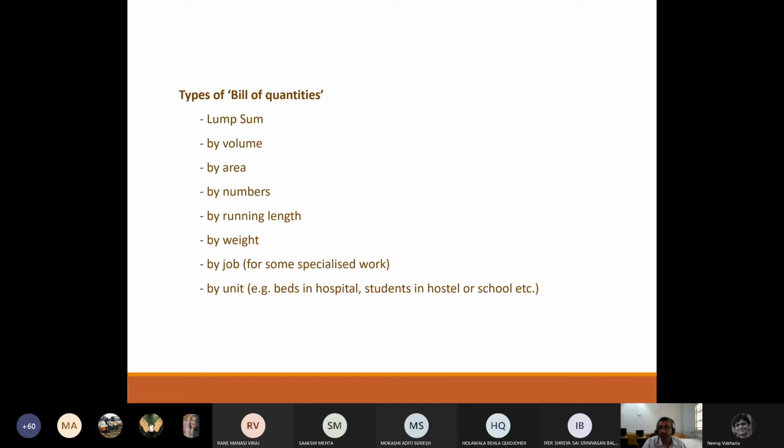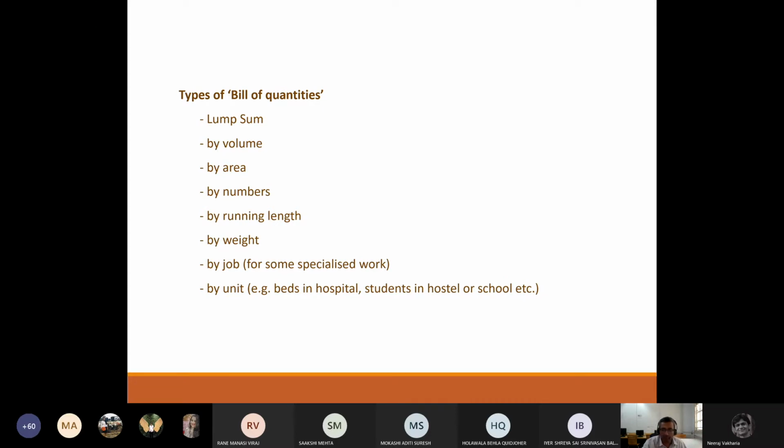Then the very important and very common ones are quoted by area. Most of the items are quoted by area. Area of wall surface for painting, area of wall surface for plaster, area for flooring. All these are areas. Most items are quoted in area.